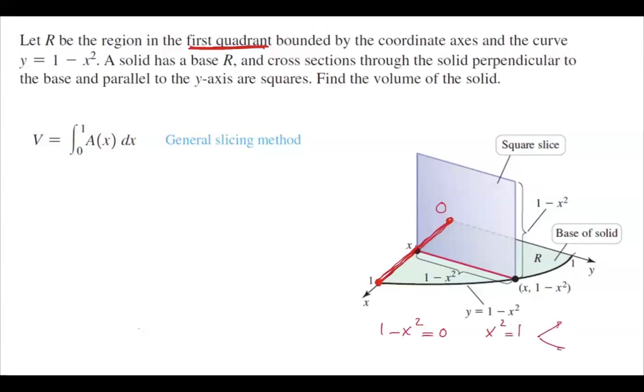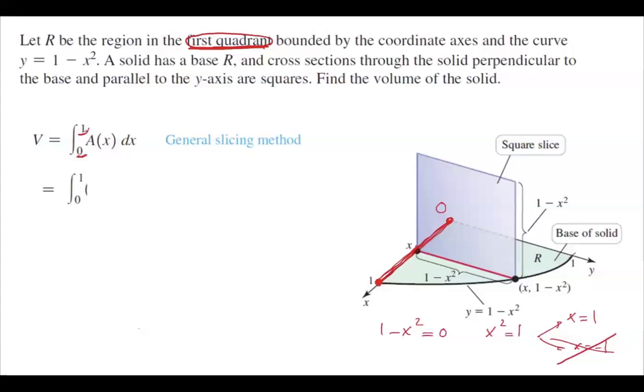So you have two choices for your x. x is 1 or x is negative 1. But negative 1 is not acceptable. Why? Because we are in the first quadrant. So that's why your x starts from 0 and stops at 1.